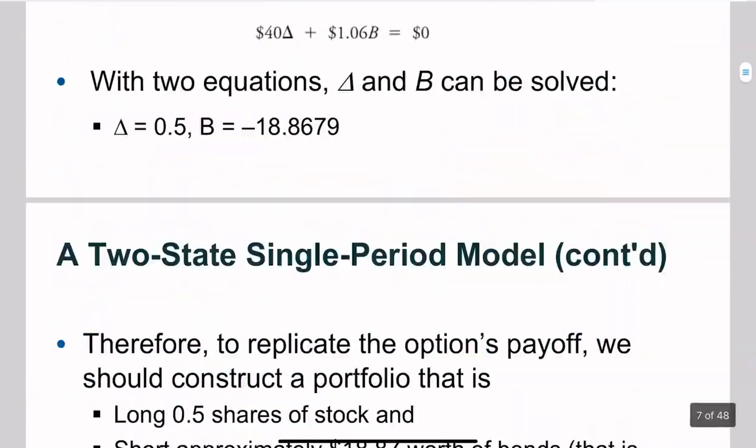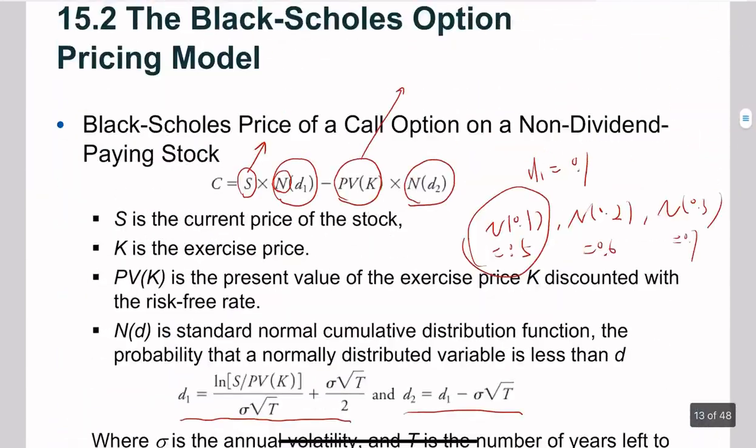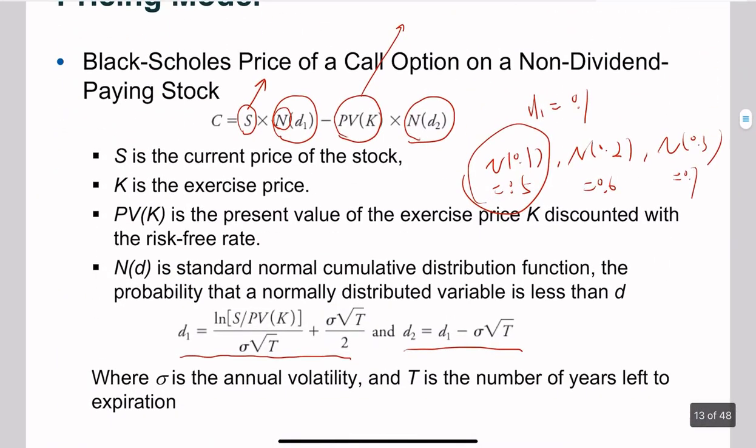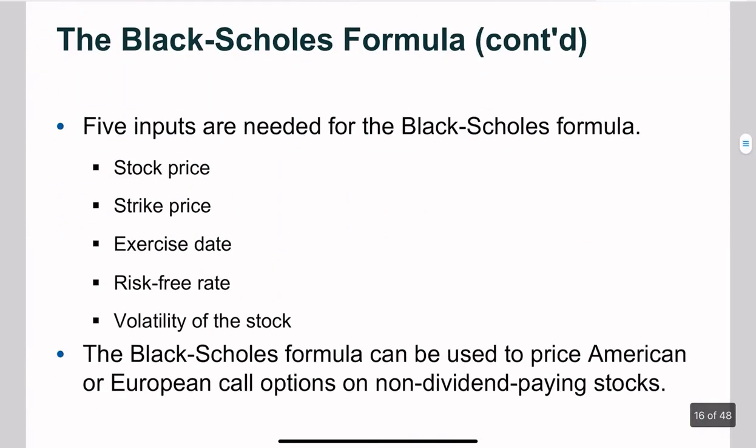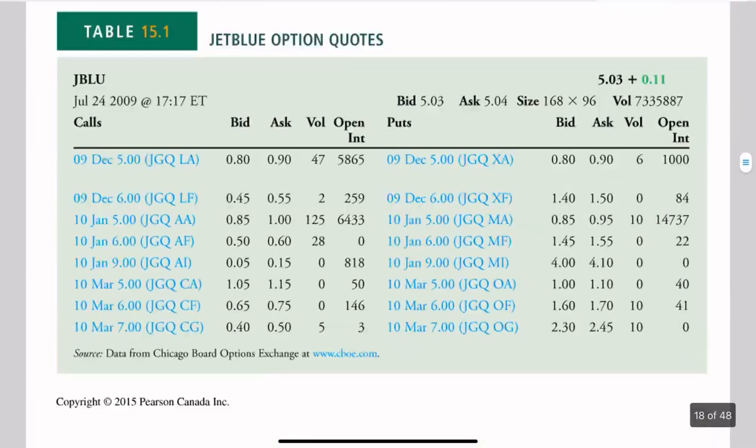And then when we talk about the Black-Scholes model, again, if you look at the 5 inputs for the Black-Scholes model, there is no probability. So this basically means without possibilities, we can actually calculate the call option's value.